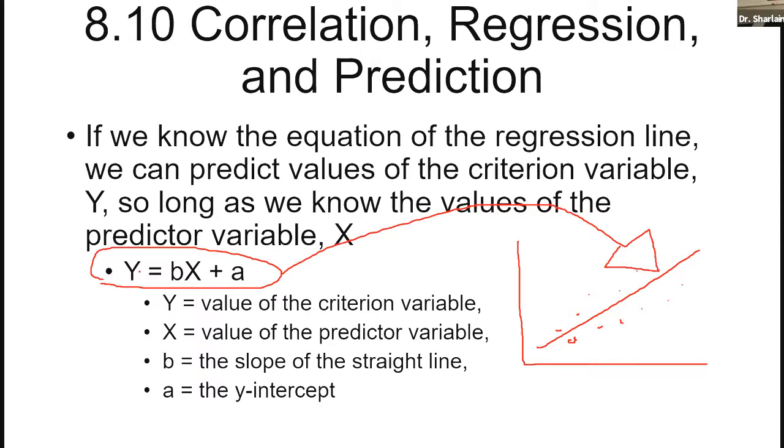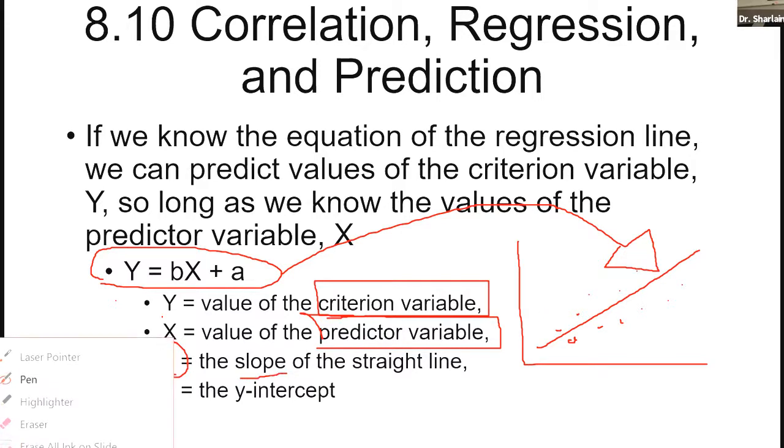Now, in this regard, let's break it down a little bit. Y is going to be my criterion variable, so my DV. X is going to be that predictor variable. Now, B refers to the slope. So for instance, that slope could be in this fashion.